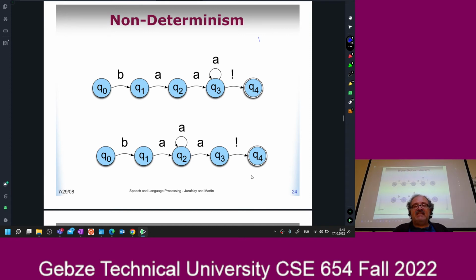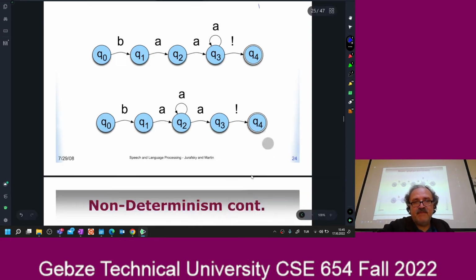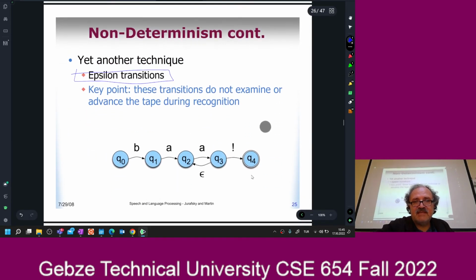They reject exactly the same string set, and they are equivalent to each other, whatever you use. And there is a nice thing: there is a non-deterministic finite state automata that will do exactly the same thing, and we'll talk about these later. Okay, so let's go back to this non-determinism thing.